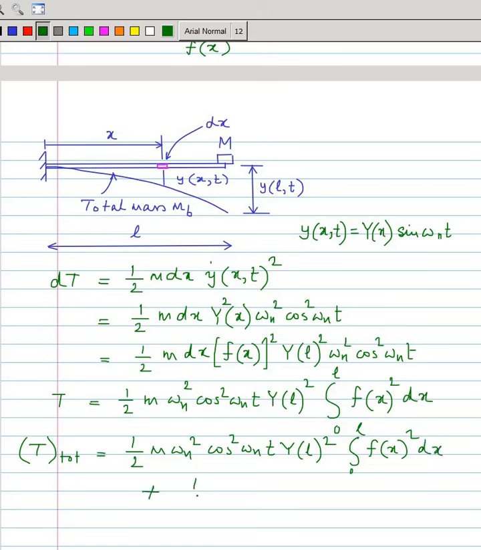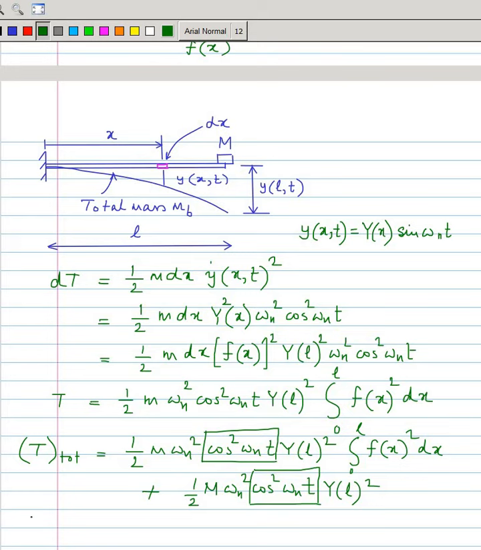T total would be this plus half the tip mass M omega_n square cos square omega_n t y_L square. Now if you take the maximum value, cos square omega_n t becomes 1. With capital M you have to add this small m.